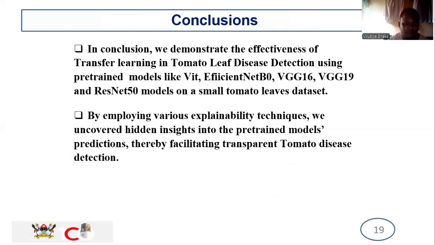And we've seen that Vision Transformers performed better than the other models on the dataset we had, use less memory and fewer computational resources, and are lightweight. Hence, they can be used on small gadgets that farmers have. We then applied layer-wise relevance propagation onto the Vision Transformer to provide explainability, and Vision Transformer with LRP performed better than its counterparts.